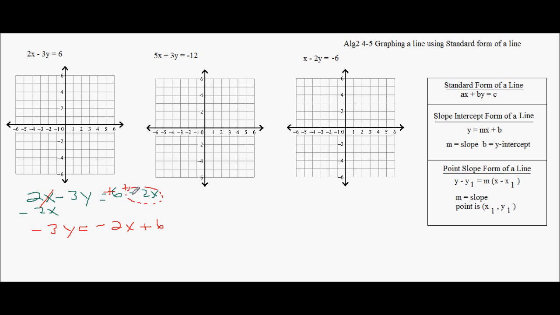So I can take the negative 2x, put it in the front, and switch the plus 6 over on this side. So now I'm going to divide by minus 3. And when I divide by minus 3, I'm really dividing this whole thing by minus 3, so I'm distributing this minus 3 to both these terms.